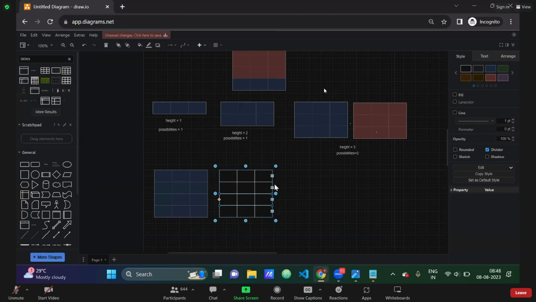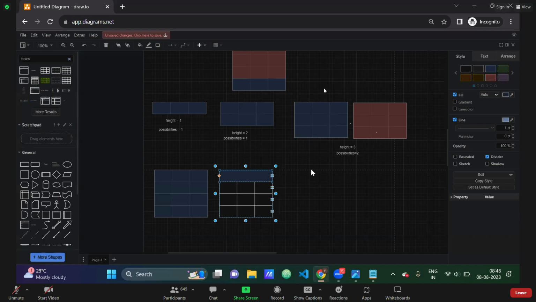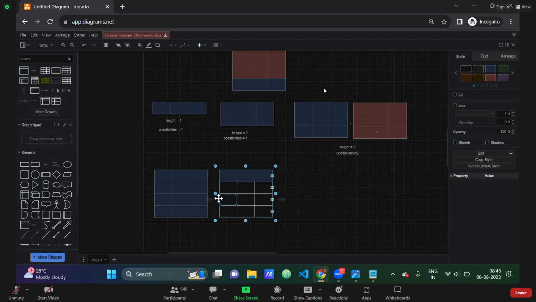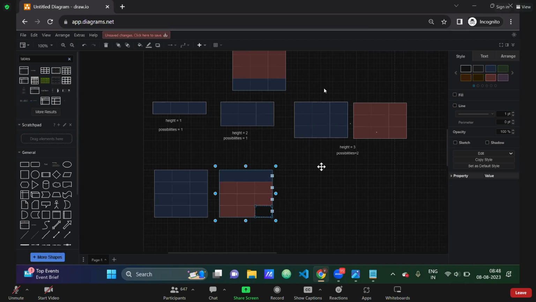So first horizontal, then vertical. This is another possibility.